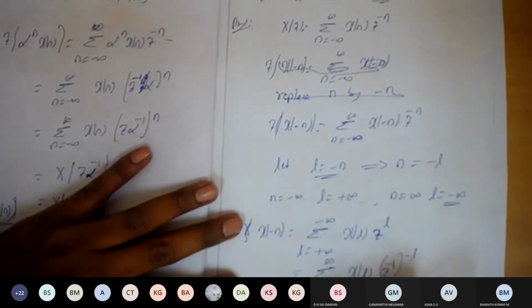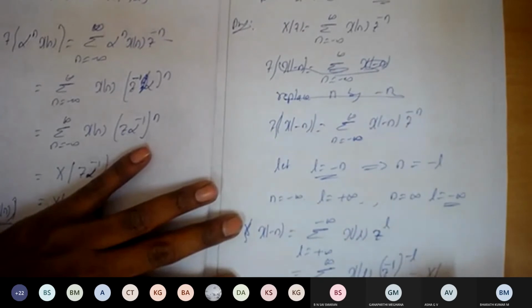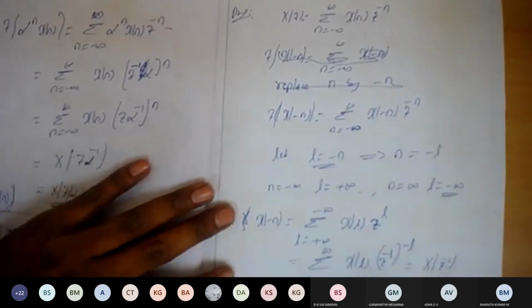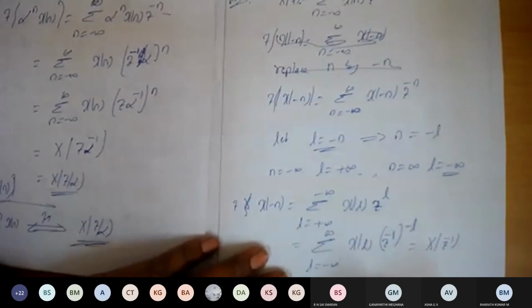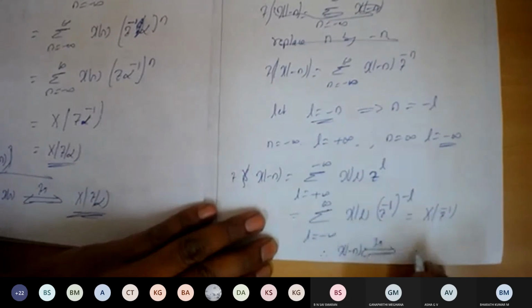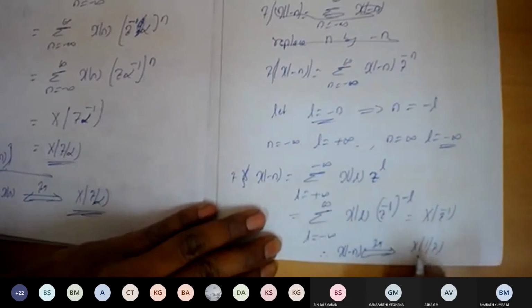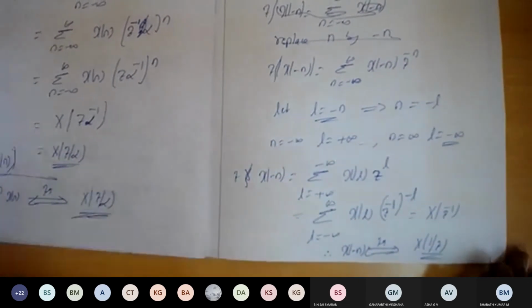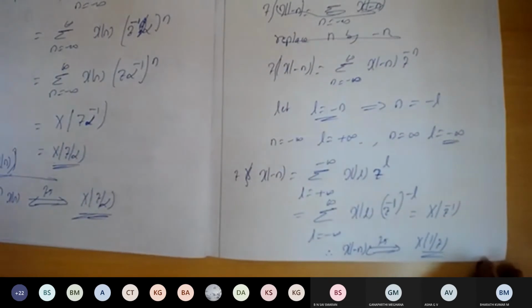That's why I'm going to multiply by minus 1 with this one. So this we can write as x of z inverse. X of z inverse is nothing but x of 1 by z. Therefore, the z transform of x of minus n has become x of 1 by z.